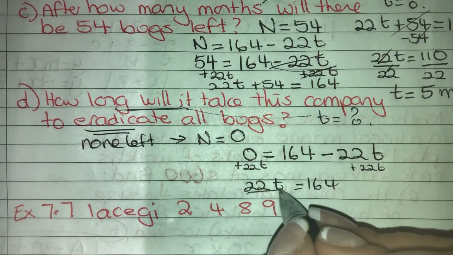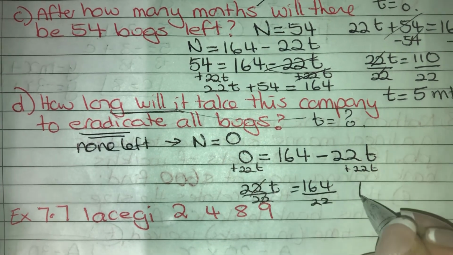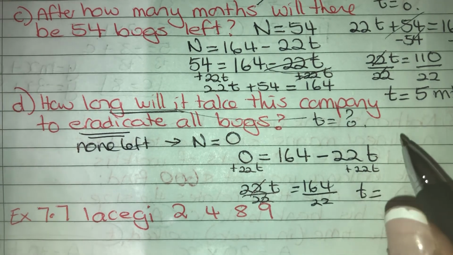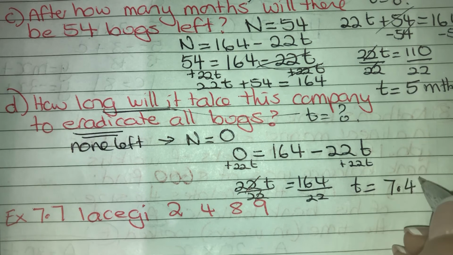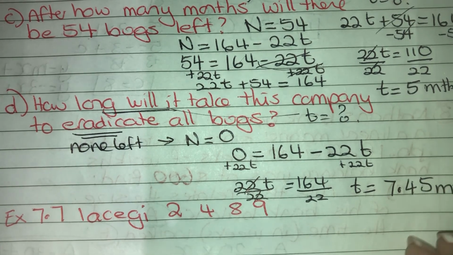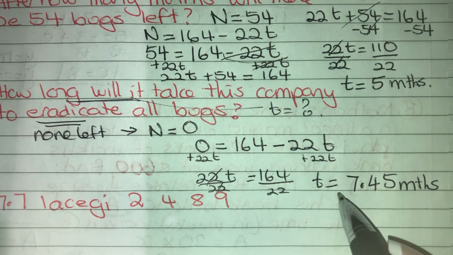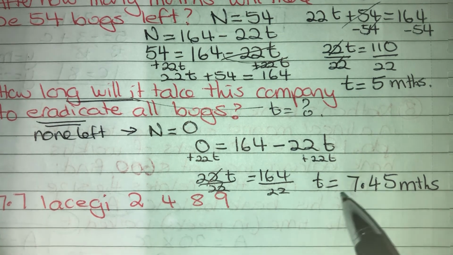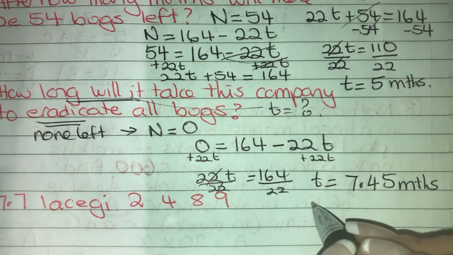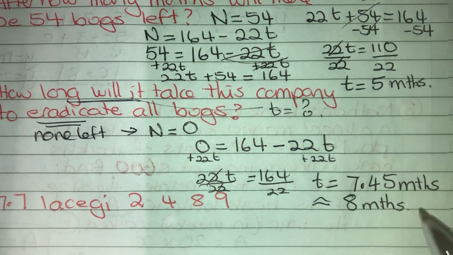Same as we did, divide by 22. T is going to equal 7.45 months. Now, if it wants a whole number, remember, at 7 months they won't be all gone, so you have to go to the next one. If you put 7 months, that's not enough. So the answer might be 8 months if they want a whole number.